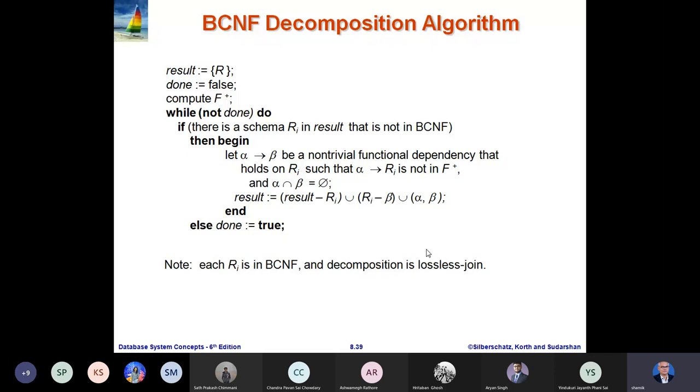Take a non-trivial functional dependency alpha to beta that holds on Ri, where alpha is not a super key. We remove Ri from the result, and we add Ri minus beta, and alpha union beta.